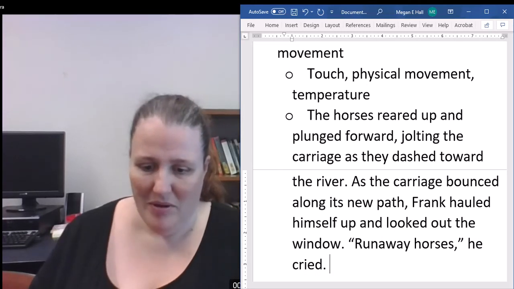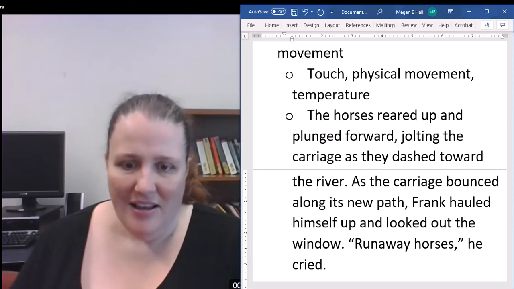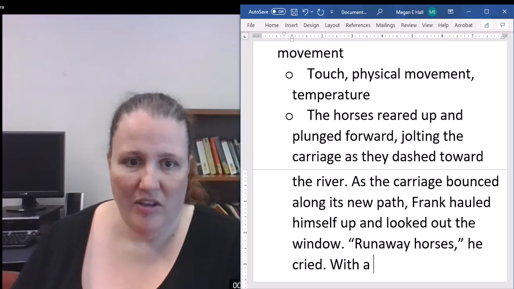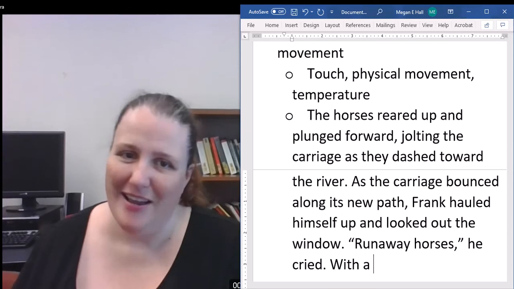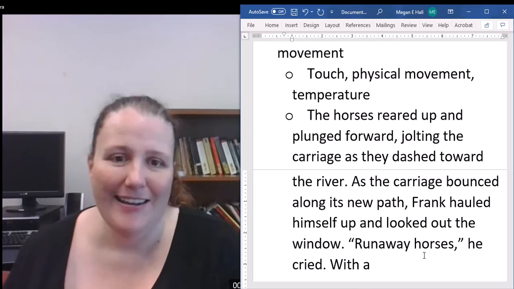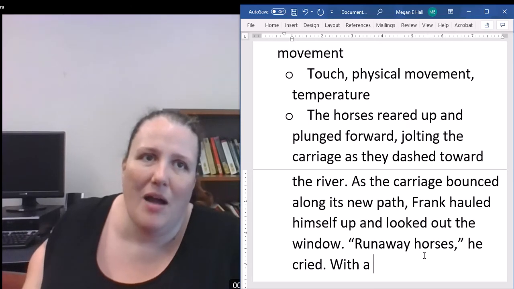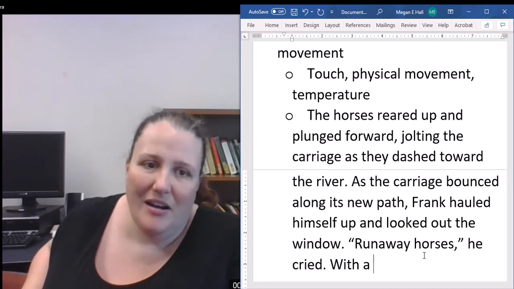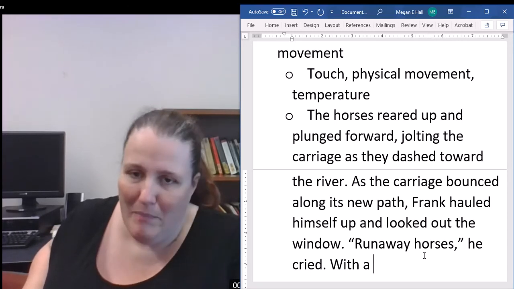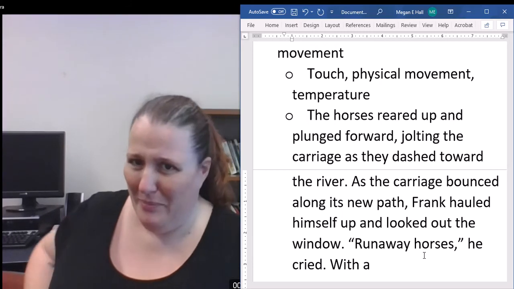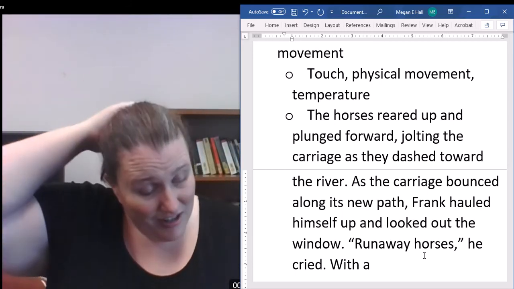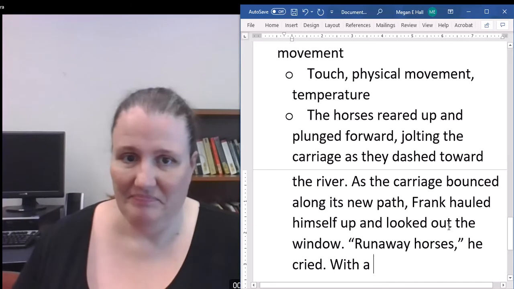Maybe he's passed out. Maybe he's had a heart attack. At any rate, let's say, I want to be careful about my adverbs here, as I just warned you guys a second ago. How I want him to get up and grab the reins, right? How can I do that in a way that seems realistic? Unrealistic. He just pops out the window and hops up onto the stagecoach or the carriage thing.